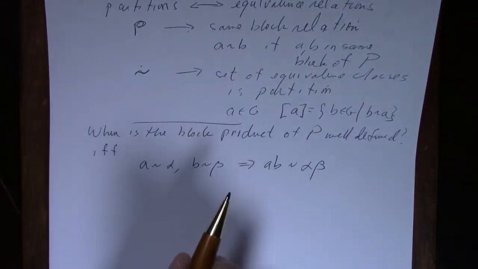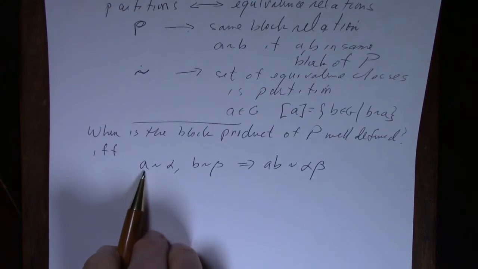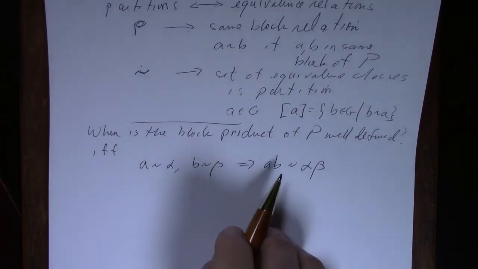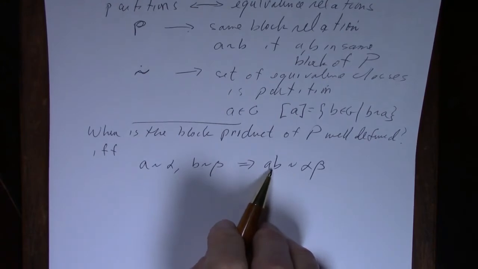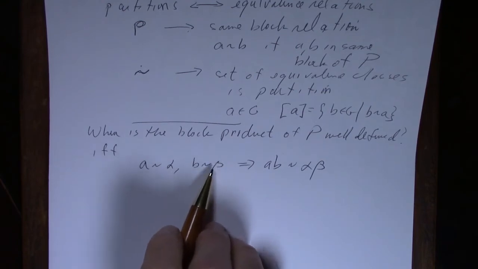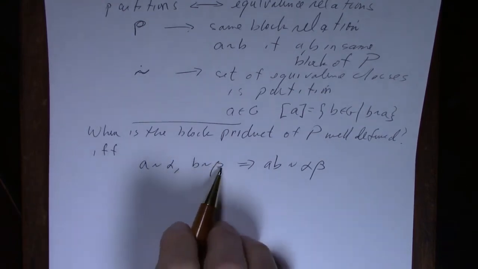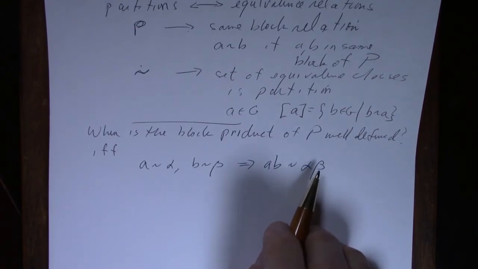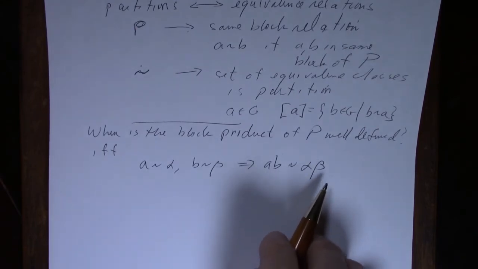That's exactly the problem we discussed earlier. If I take A and B in two different blocks, or maybe the same block, and I take the product AB to find the product of the two blocks, and someone else takes alpha and beta, alpha from the same block as A, beta from the same block as B, and they get their product, the product I got and the product they got have to be in the same block. That will make the block product well defined.